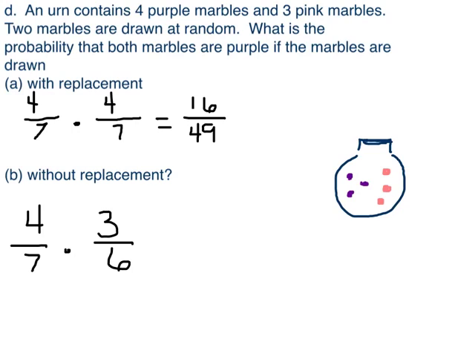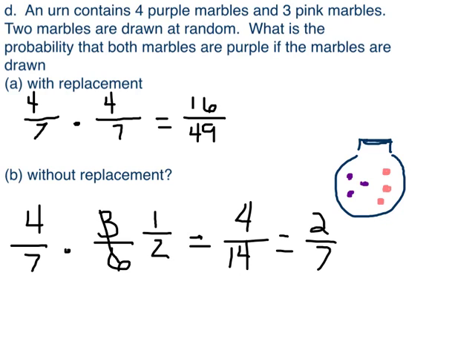Now I know I can reduce 3 over 6 and put 1 over 2, make it easier on myself. 4 times 1 is 4, and 7 times 2 is 14. And that would be 2 in 7. So we have a 2 in 7 chance of that happening.